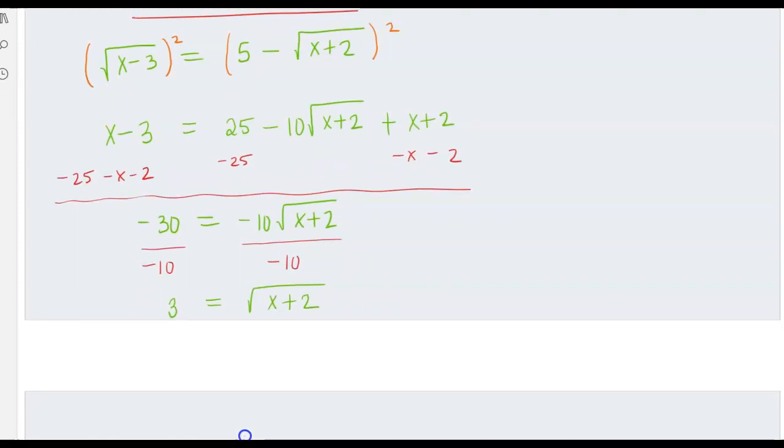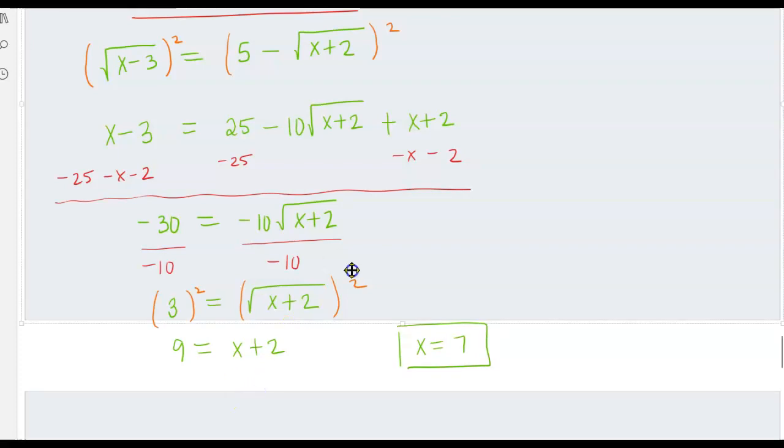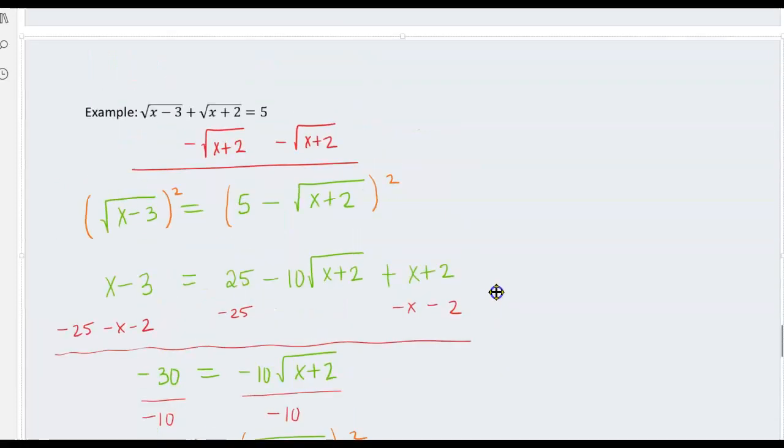Now if we square both sides, we get that 9 is equal to x plus 2. And so for final answer, I'm getting that x is equal to 7. You can go back and check, but this answer ends up being correct, x equals 7 for this original equation.